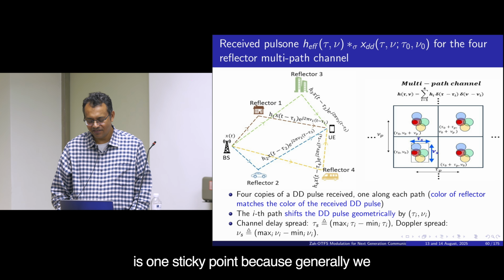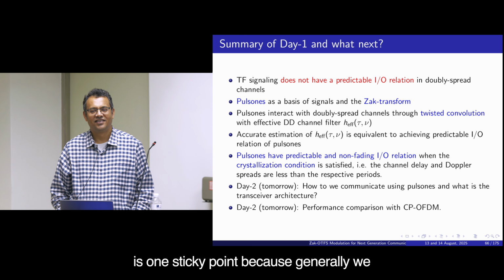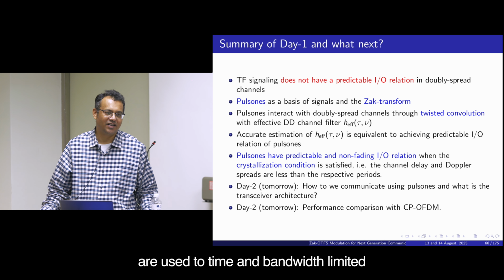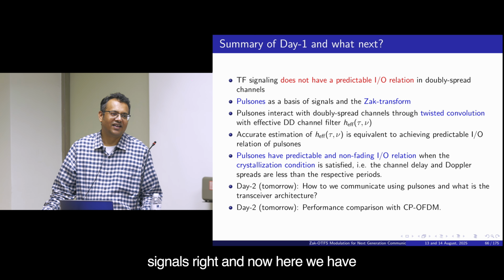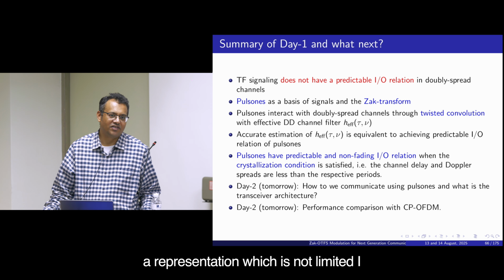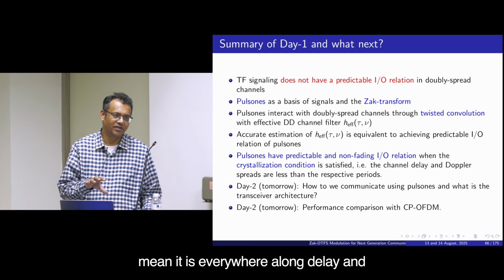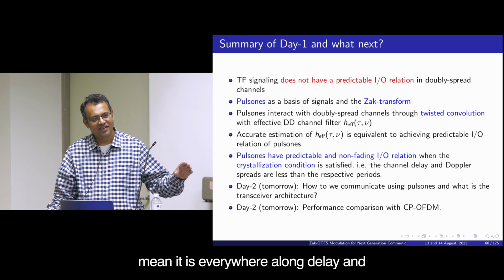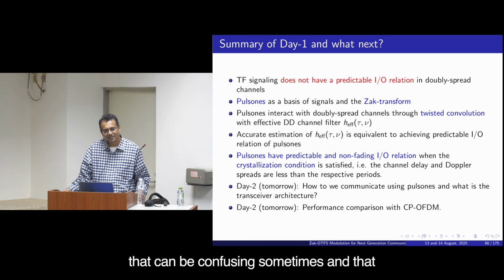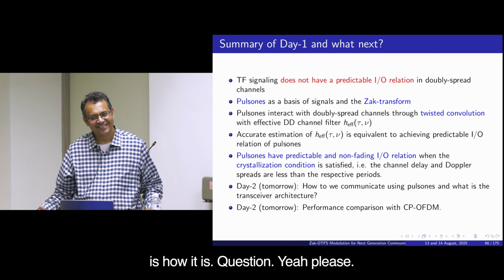This is one sticky point, because generally we are used to time and bandwidth limited signals, and now here we have a representation which is not limited. It is everywhere along delay and also everywhere along Doppler, and that can be confusing sometimes, but that is how it is.